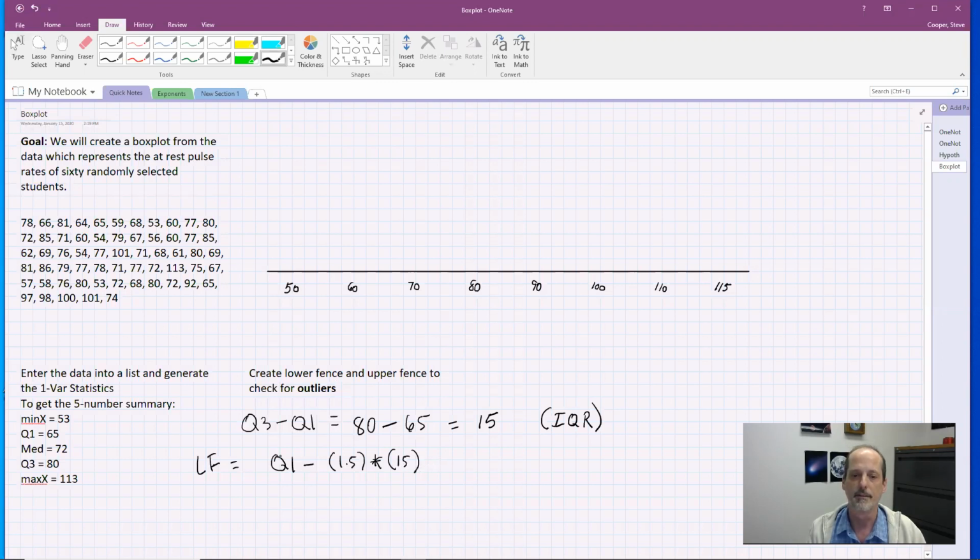Okay, so we've got Q1. I'm going to erase this and put my actual Q1 there. So that's 65. Okay, so calculating our lower fence quickly, we should get 42.5.